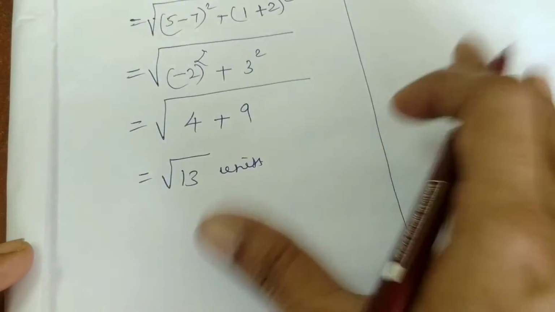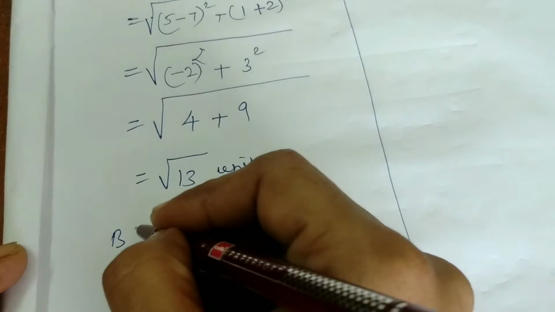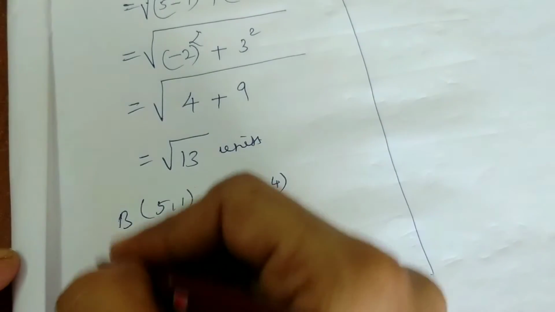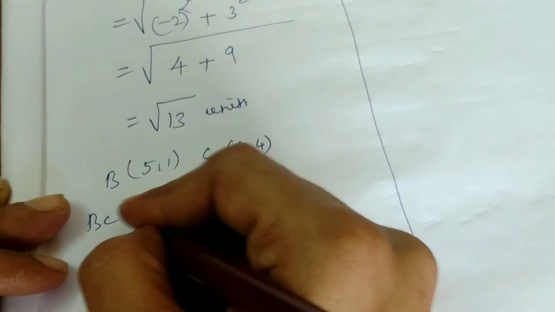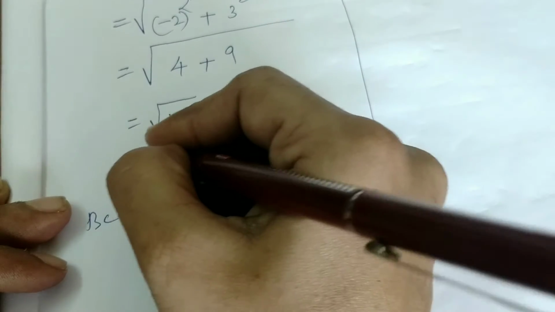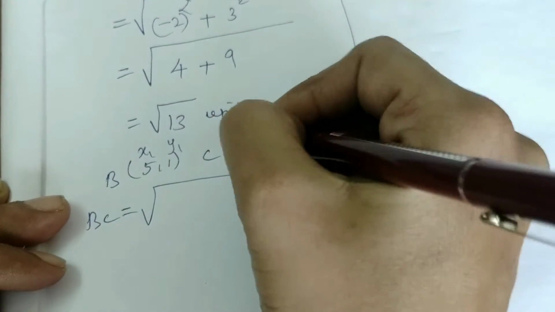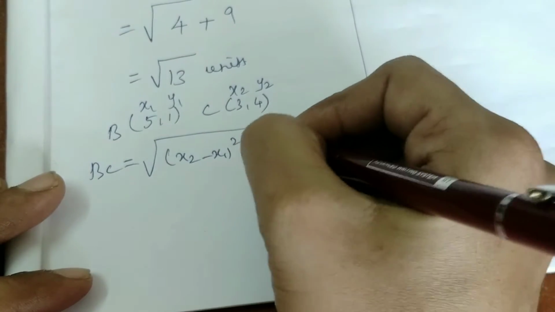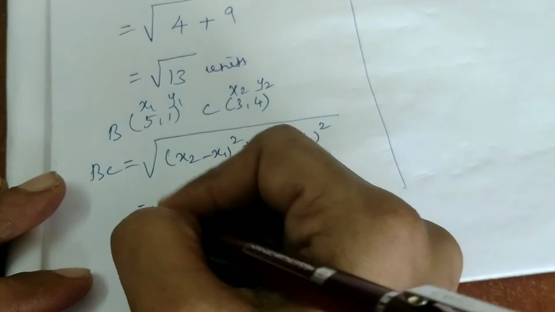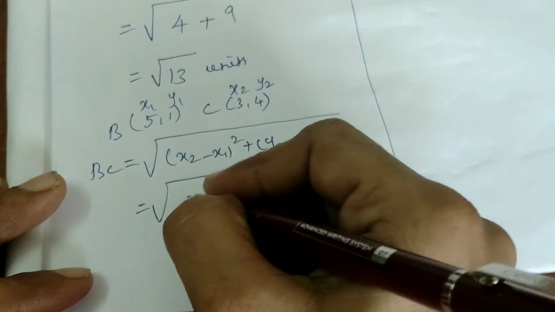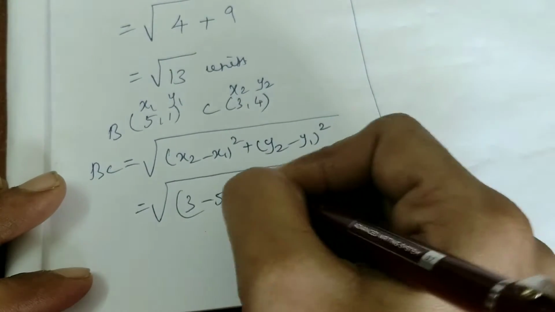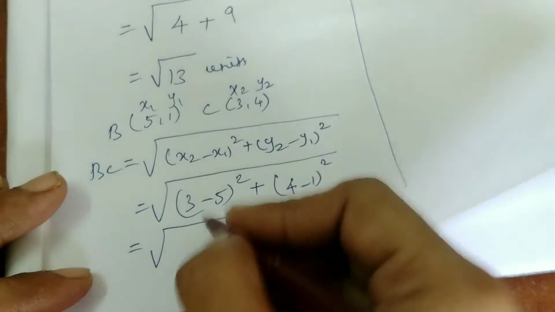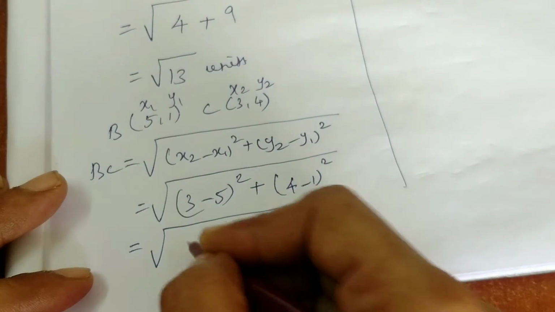Now we are going to find the distance between B and C. Our B point is (5, 1), C is (3, 4). BC equal to square root of, take this as x1, y1 and this as x2, y2. (x2 minus x1) the whole square plus (y2 minus y1) the whole square, equal to square root of 3 minus 5 the whole square plus 4 minus 1 the whole square, equal to square root of 3 minus 5 is minus 2.